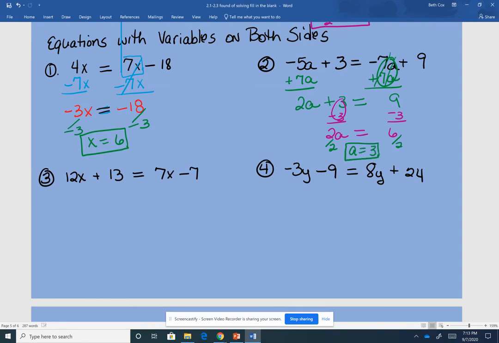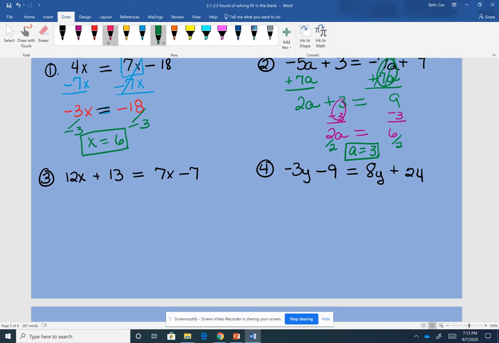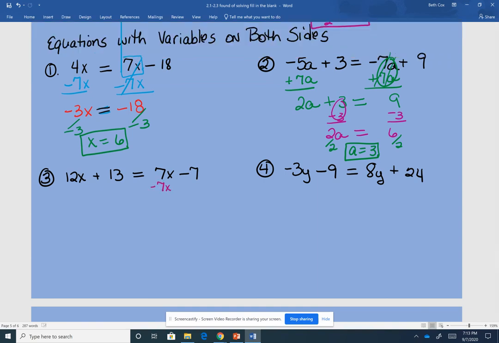Okay. Again, I'm going to do the same thing with this other one. I'm trying to be consistent. There is more than one way to do these, but I'm trying to be consistent. So I'm going to subtract the 7x. What I do to one side, I do to the other. There's my equal sign. That's 0. That's 5x plus 13 equals negative 7.